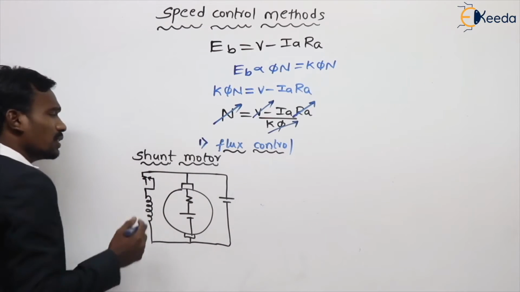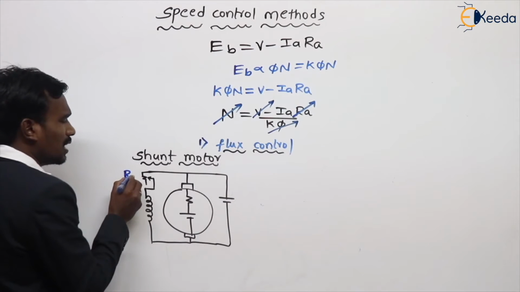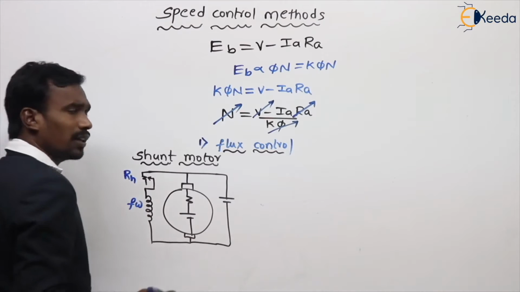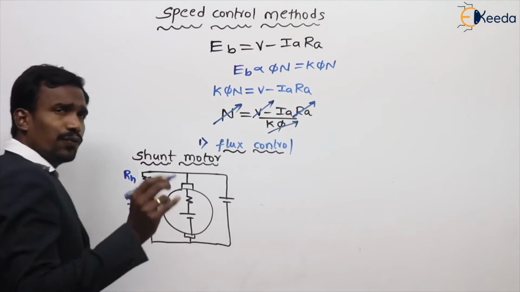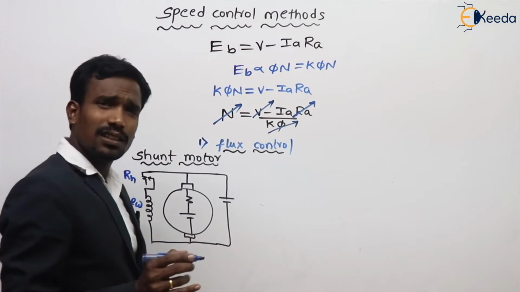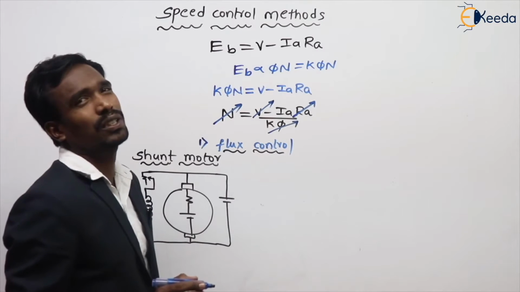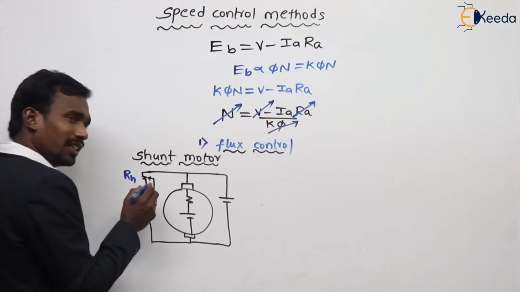An extra rheostat is placed in series with the field winding of the motor. And here, first, place this rheostat at what position? Minimum position or maximum position? Take this at minimum position.